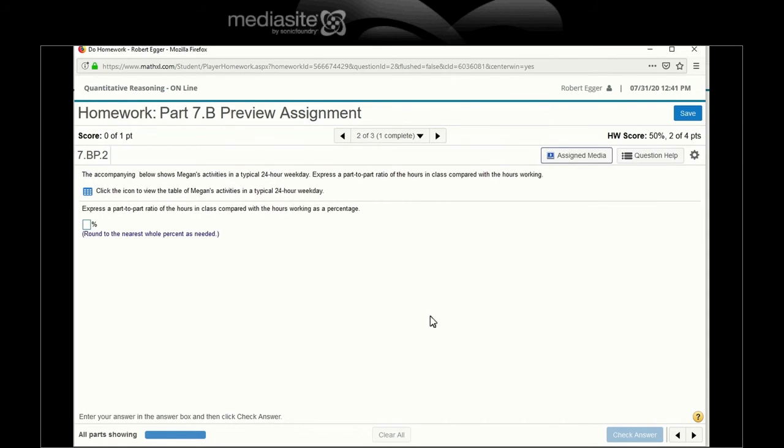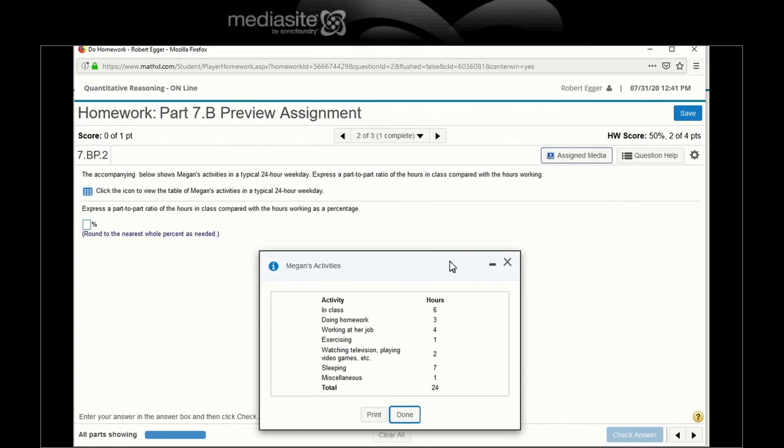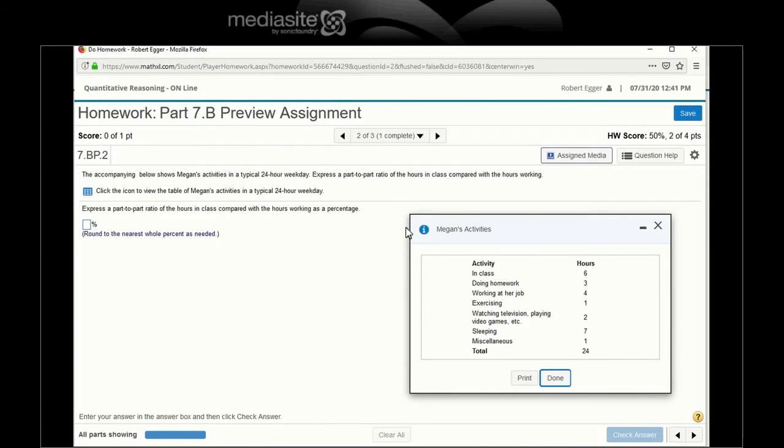Okay, now we're going to look at a part-to-part. So we're going to be comparing one of these to another. Express as a part-to-part ratio the hours in class with the hours working at a job.